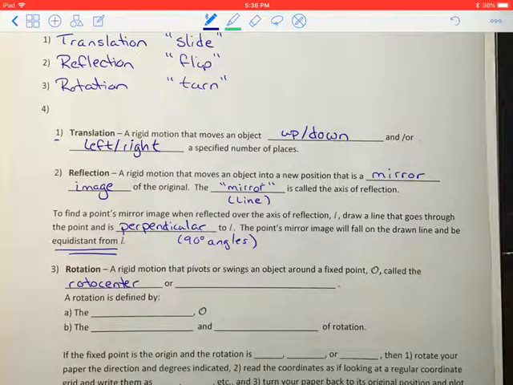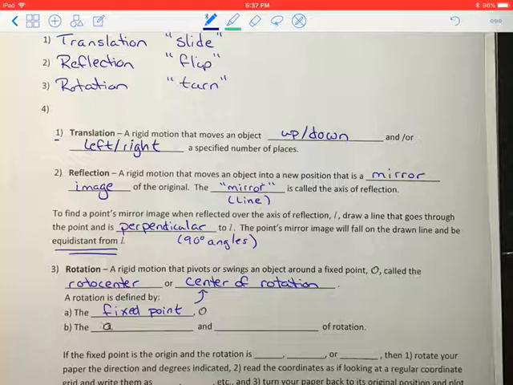I've also heard it called the center of rotation. Okay, so when we're doing a rotation, we have our fixed point, which is going to be our center of rotation.